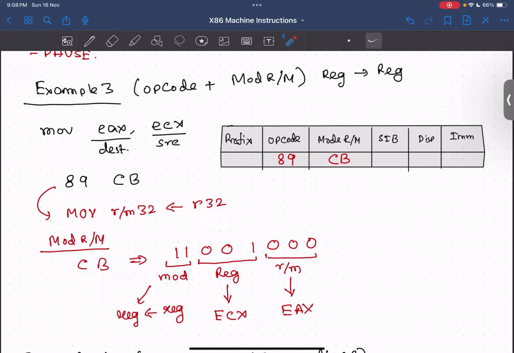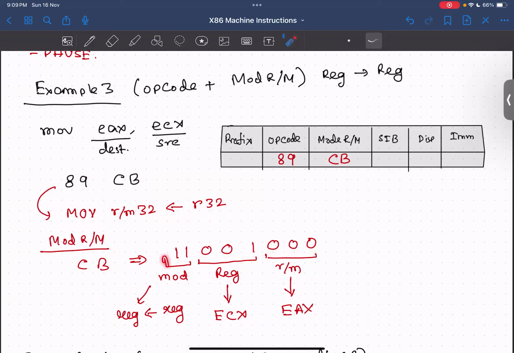So let's look at how to actually decode it if we don't know this assembly instruction. All we have is 89 CB. From 89 we know it's a fixed mapping, that's the kind of instruction we are expecting. And if I expand the ModRM byte, which is CB, C is 1100 and B is 1011.